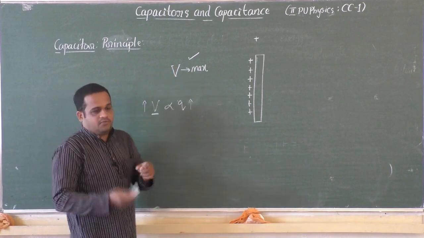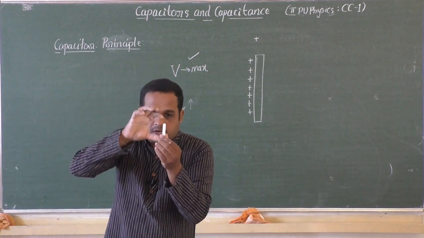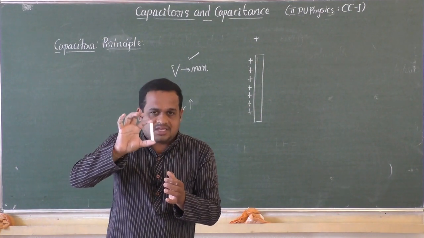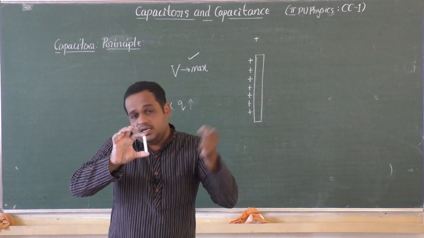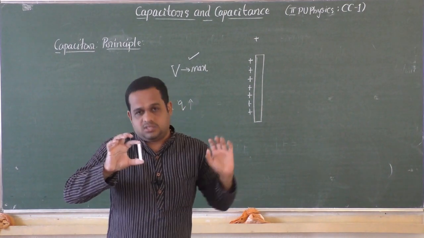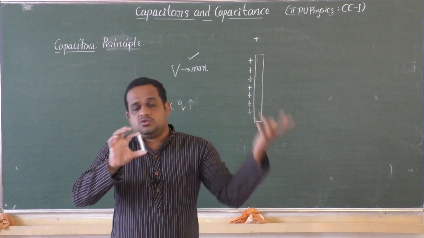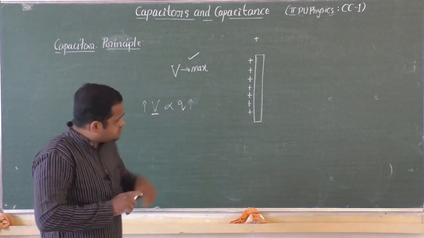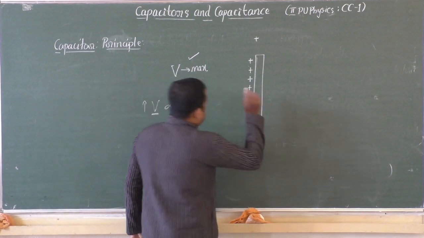Up to that maximum value, I can charge this material. Once the potential on this conductor reaches its maximum value, after that it is not possible to add charges to this material. If you try to add, those charges will escape into the surrounding medium. So there is a maximum limit. Now it is charged.